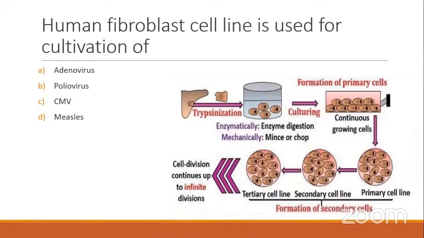With these continuous cell lines, we add the test organism, whether it is specimens like sputum, saliva, or aspirates from a genital ulcer, depending on the type of condition the clinician is facing, and then we look at how the organisms interact with the cell line.